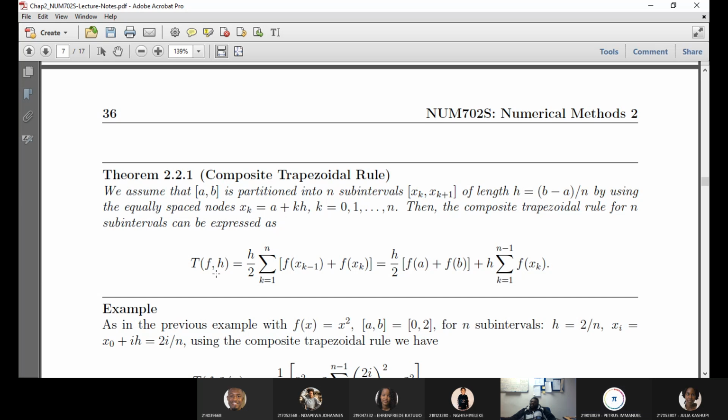Okay, so this is what our composite trapezoidal rule will give us. It will be h over 2 times the summation of f(x_{k-1}) plus f(x_k). So this is the rule here. So how do we get this one?